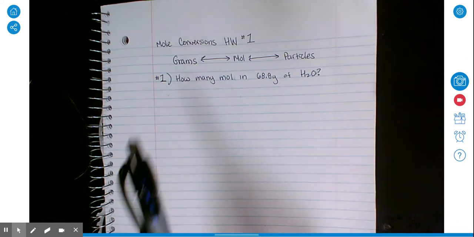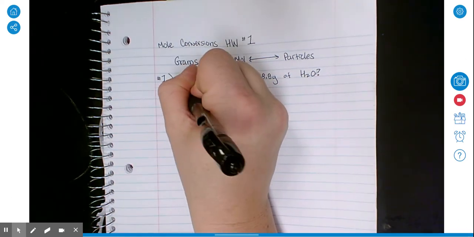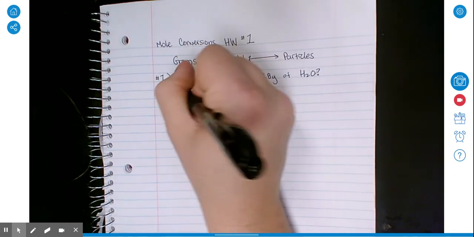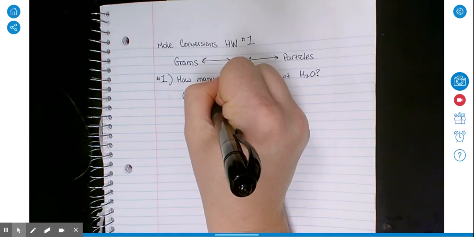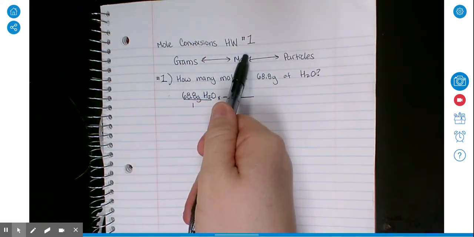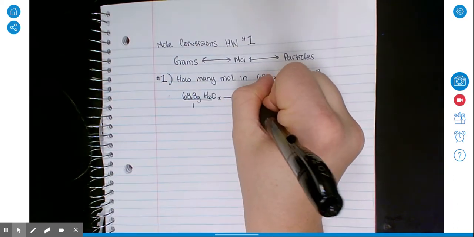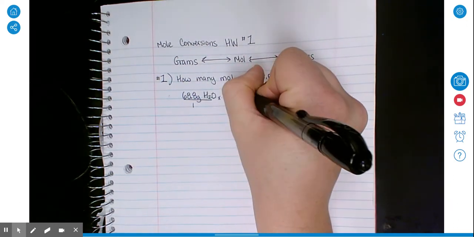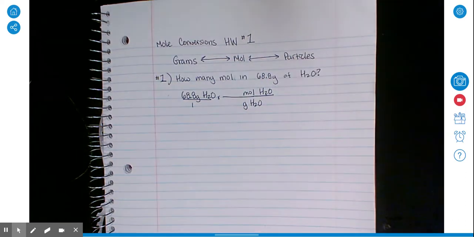So this is a one-stepper. Start with what you know. I know I have 68.8 grams of water. I know I can go from grams to moles. I know grams needs to cancel, so grams of water is going to go to the bottom. Moles of water is going to go to the top.